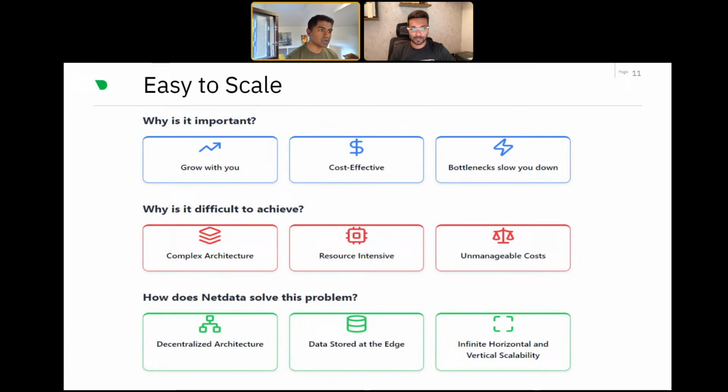So you need to think about resources, you need to think about capacity planning, and it makes it harder and harder. And all of these things contribute to unmanageable costs at the end of the day. The costs might be clear costs in terms of how much resources need to be spent to manage these servers, to host all the CPU cores that you need, have all the memory that you need.